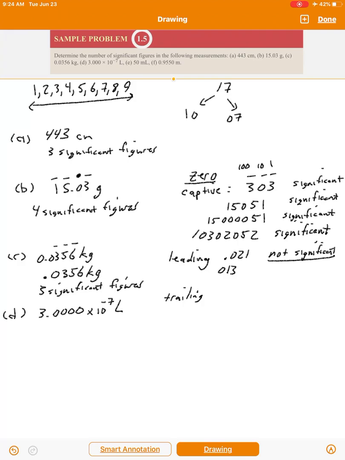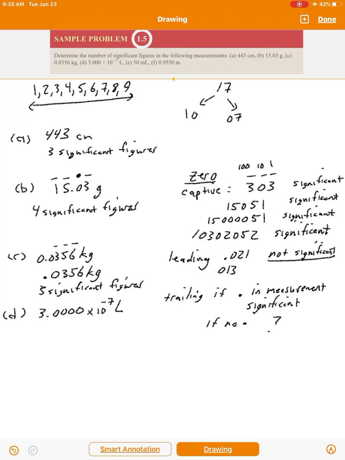Trailing meaning they're after the numbers between 1 and 9. Now here's the tricky part of this. If there's a decimal point in the measurement, then they're significant. If there's no decimal point, then it's unknown.